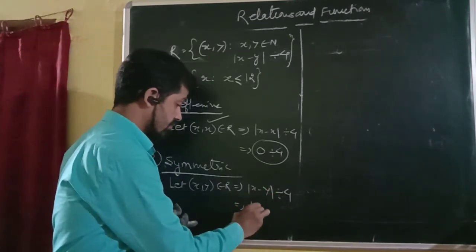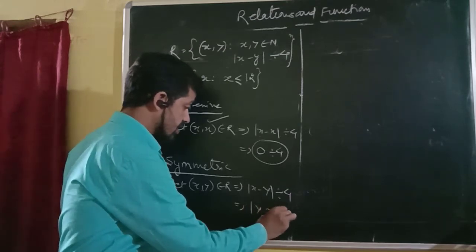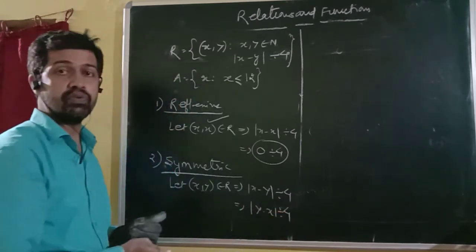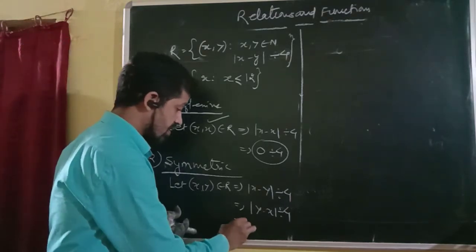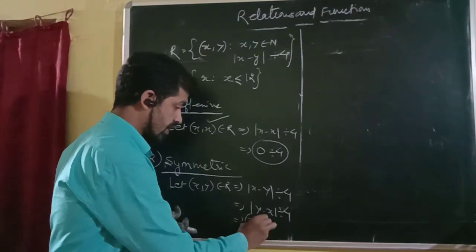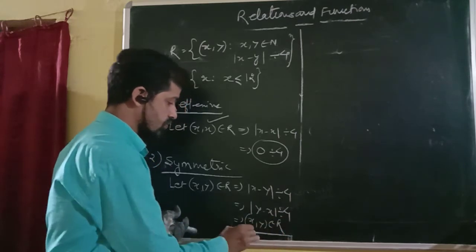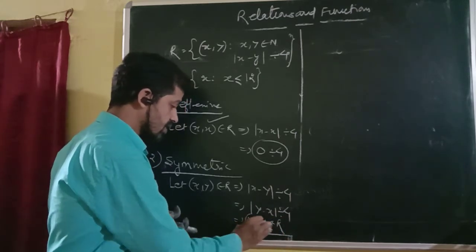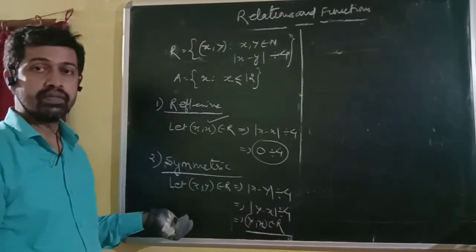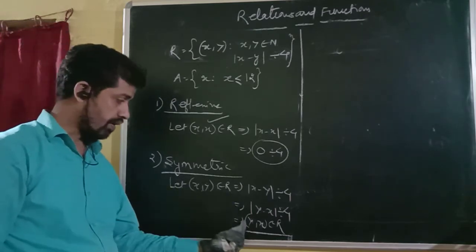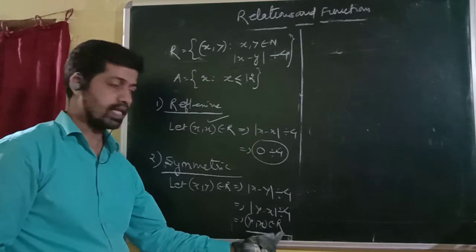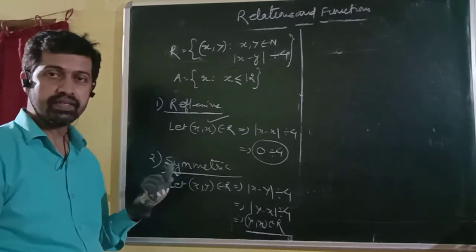Then modulus of y minus x is also divisible by 4. This means y comma x belongs to R. So whenever x comma y belongs to R, y comma x belongs to R, it implies that the relation is symmetric.